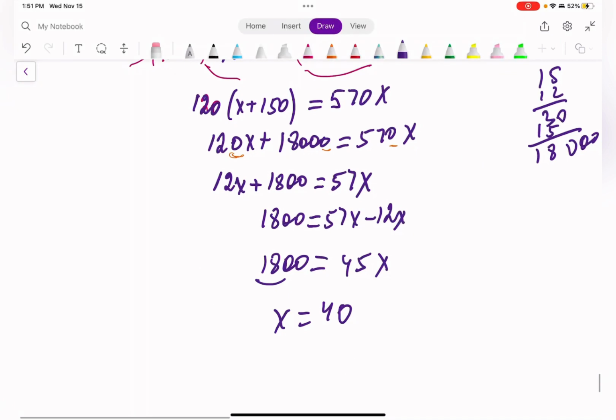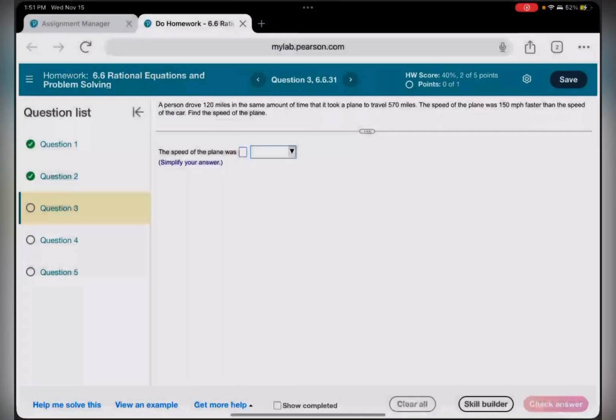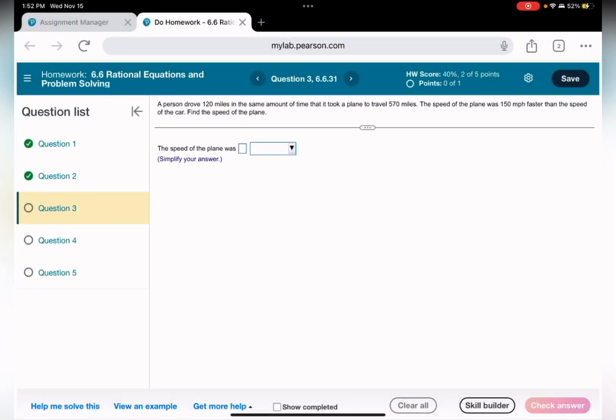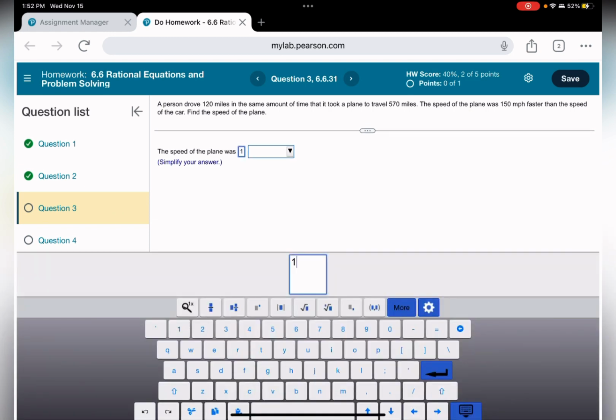But the plane, which is the subject of our interest, is 40 plus 150, because it is 150 times faster. So it's going to be 190. That's going to be our answer. Find the speed of the plane, 190.